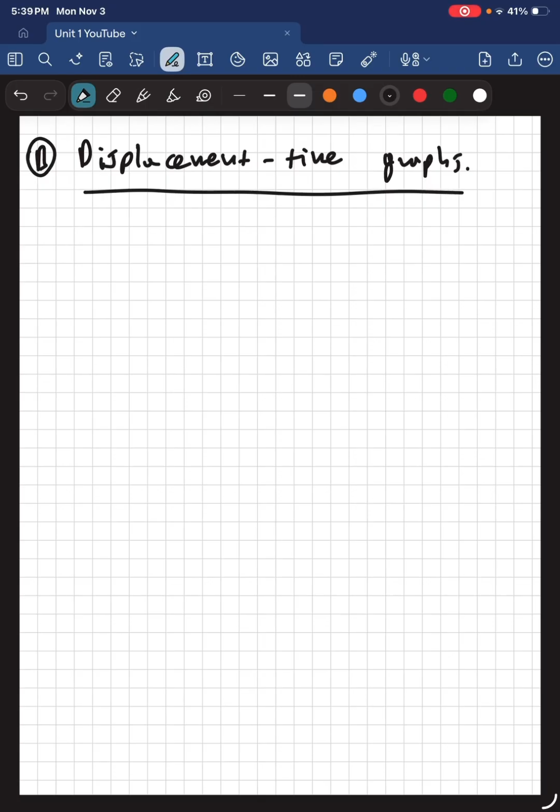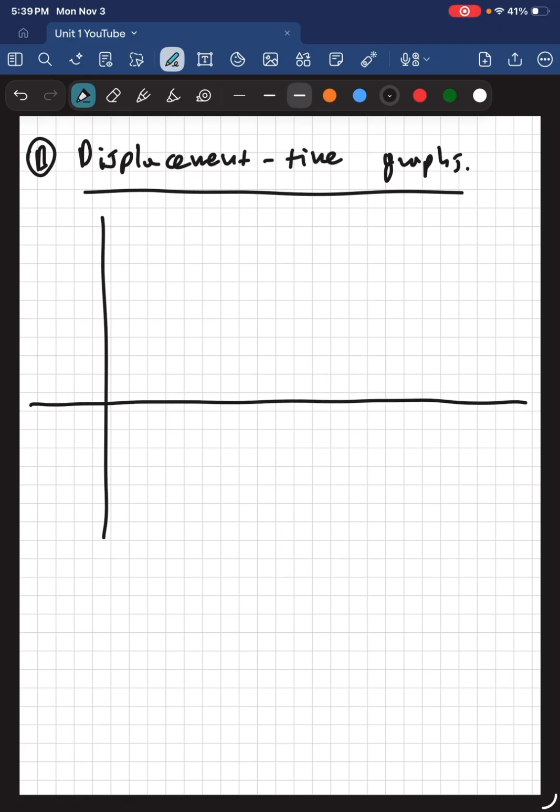Now that you got a taste of a distance versus time graph, let's jump right in and draw an example. So let's have the displacement and the time. A probable displacement time graph might look like this.